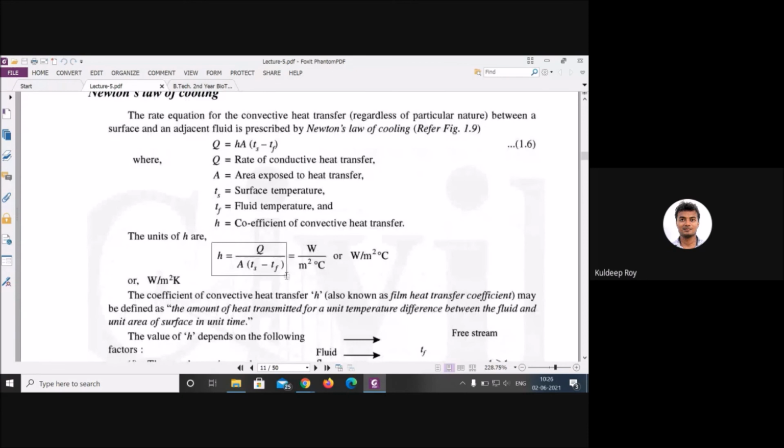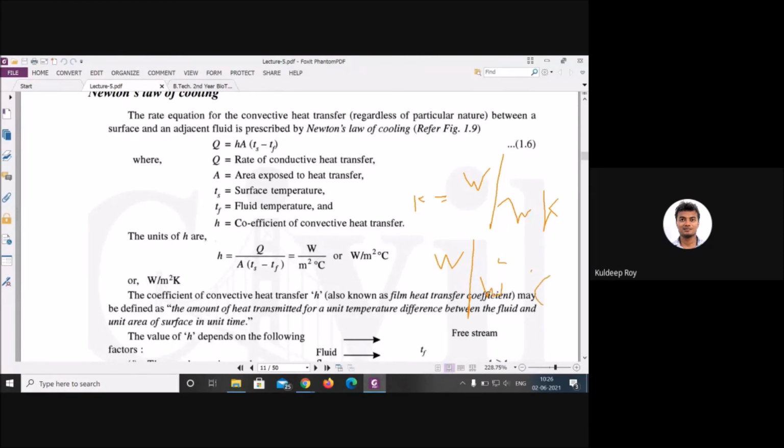If I want to determine the coefficient of convective heat transfer, then h is equal to Q divided by A (Ts minus Tf). Here the unit is watt per meter square degree centigrade, but k has a different unit. What is the unit of k? k is watt per meter Kelvin, or watt per meter degree centigrade.